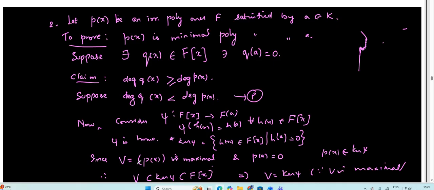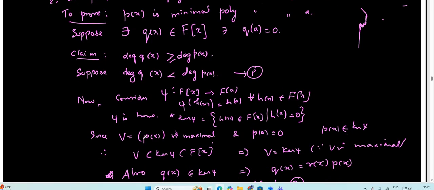Now we consider an ideal B generated by p(x). p(x) we have already assumed to be an irreducible polynomial, and any ideal generated by an irreducible polynomial is maximal, because F[x] is a Euclidean ring; this result holds. So this is maximal. And p(a) is 0, which means p(x) should be a member of the kernel, because this consists of all polynomials which vanish at a, and p(x) also vanishes at a.